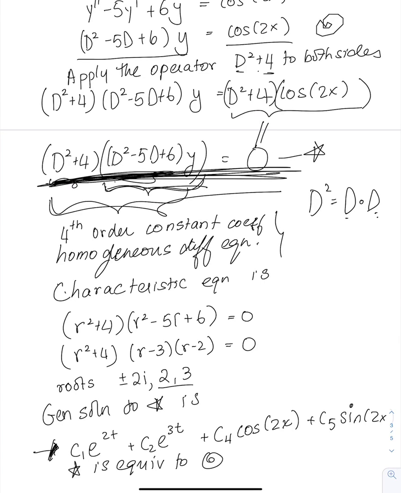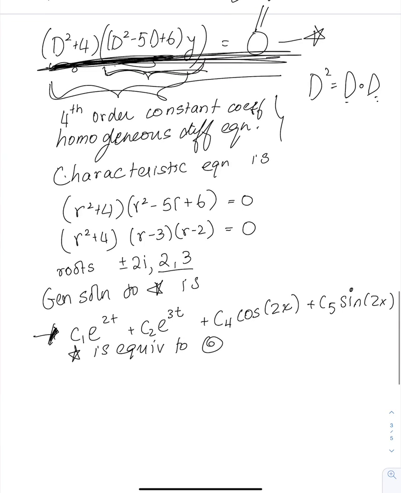Okay, all right. Now look at the corresponding homogeneous. What is swirl? Swirl says that you have d squared minus 5d plus 6y equals cosine 2x. Okay, that was the swirl equation.